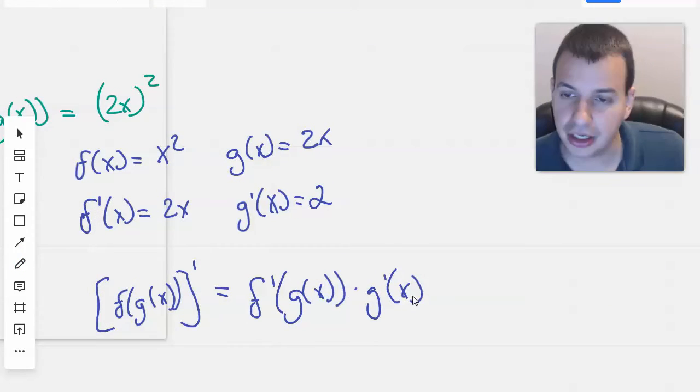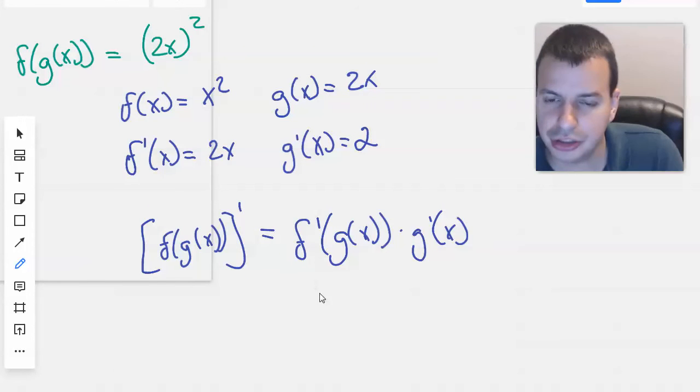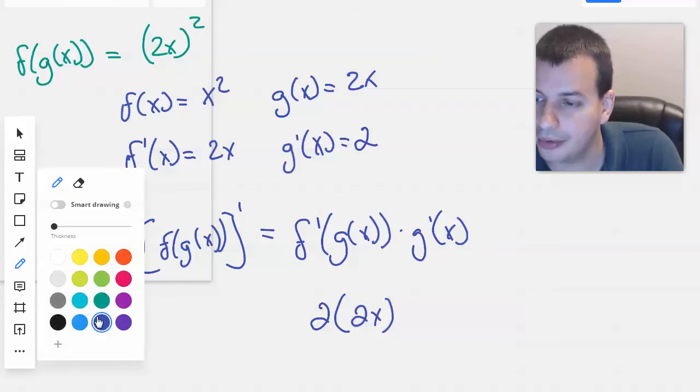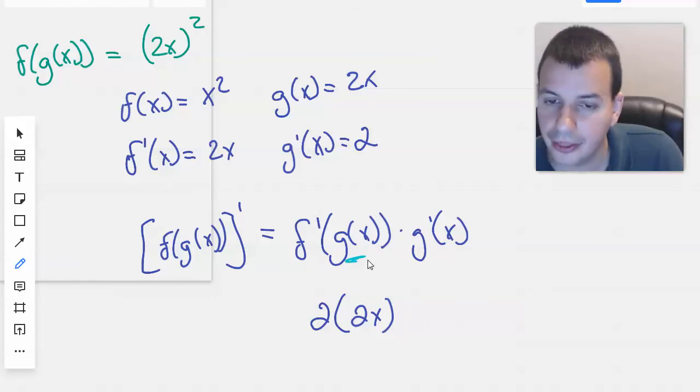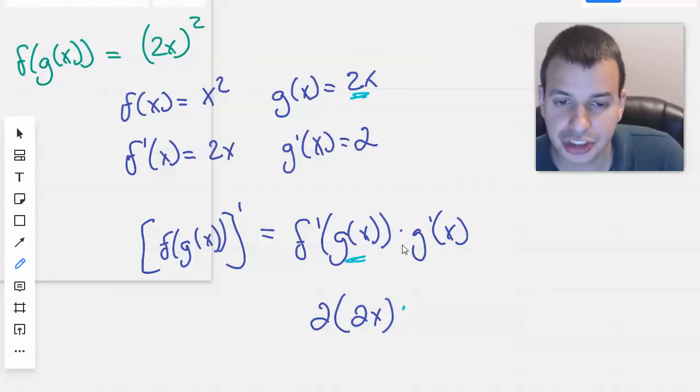And so from here then we can say, okay, f prime is 2x, and g of x would be 2x. So this plugged into there, times g prime of x, times this one, times 2, and we're left with 8x.